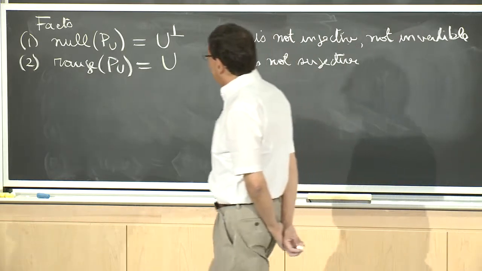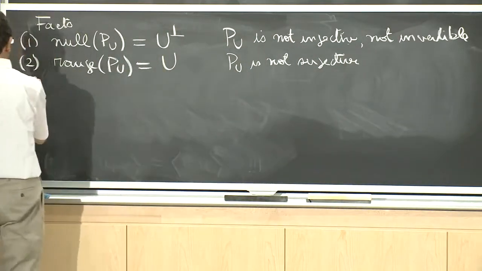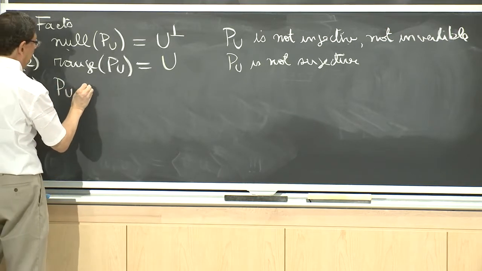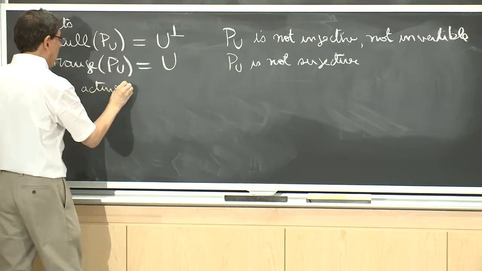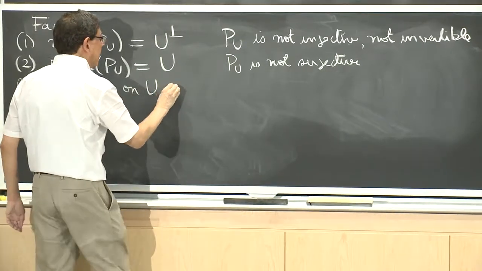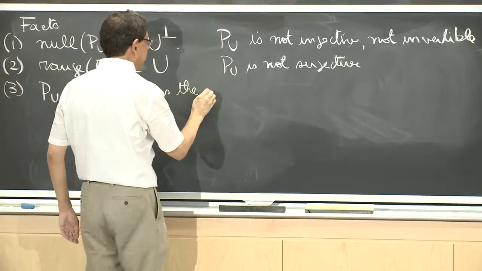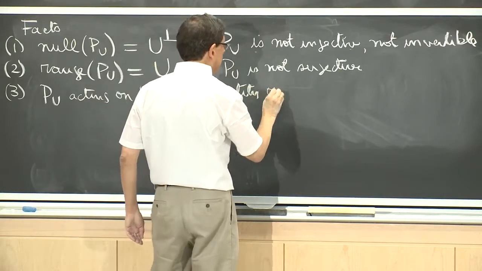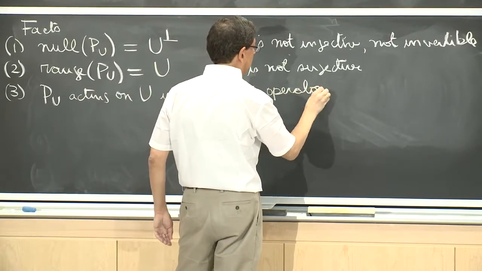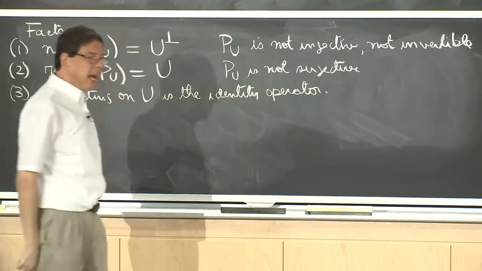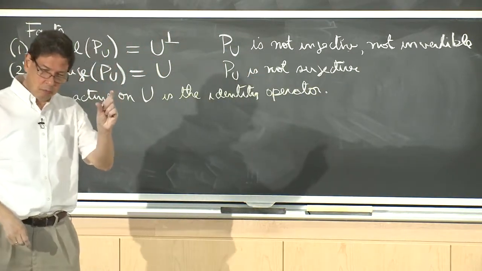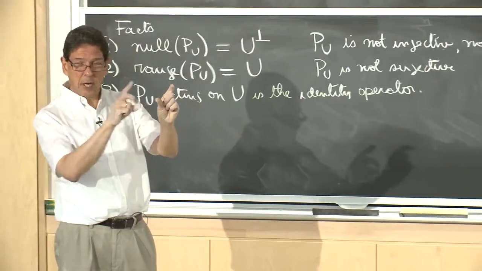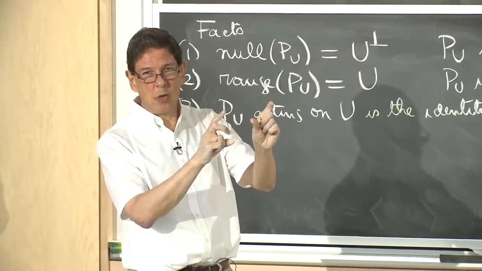Let's go on. Let's restate that P_U acting on U is the identity operator. So if a vector is in U, when you act with the projector, the only thing the projector does is kill the component in U perp.